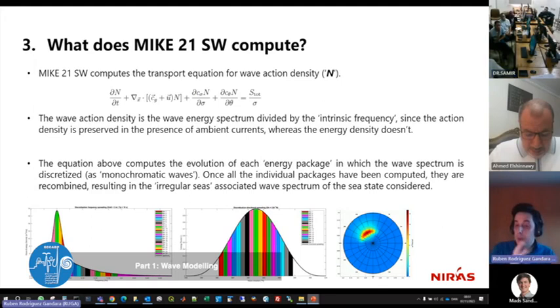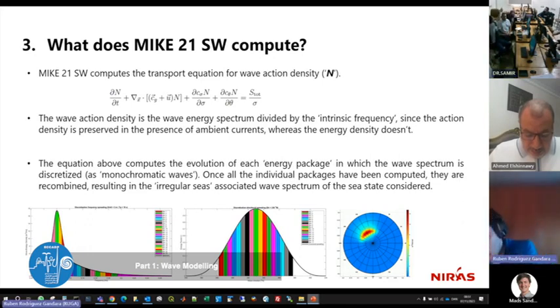The left part of this transport equation tells you what happens to the energy that you're imposing in your model. You are imposing a certain spectrum with frequency and direction, which has been converted to a quantity called wave action density. The left part of the equation tells you how that energy evolves within the model.